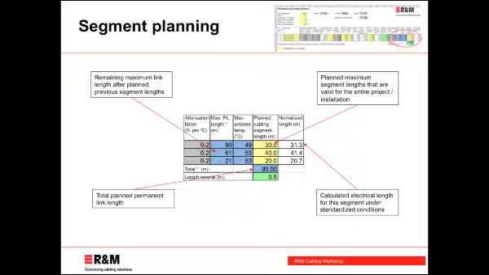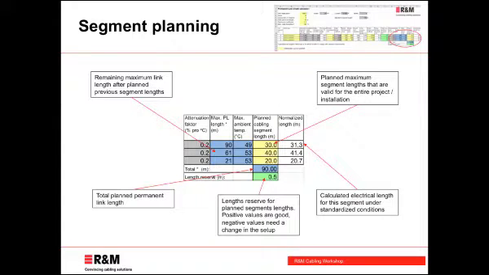You see the total of the planned links, which should never be more than 90 meters, and at the end you get a certain reserve in your planning. If it is a green field, then you have a positive reserve that is on the good side. If you would have a negative value here, it means your link is too long and you don't have enough attenuation, or you have too much attenuation to support the application you want to use.